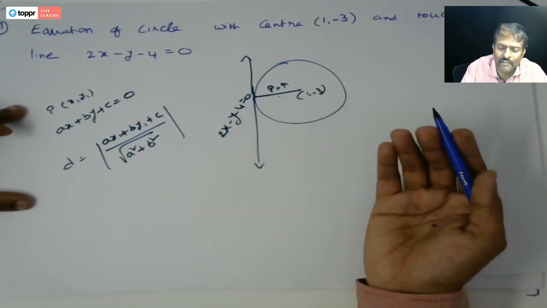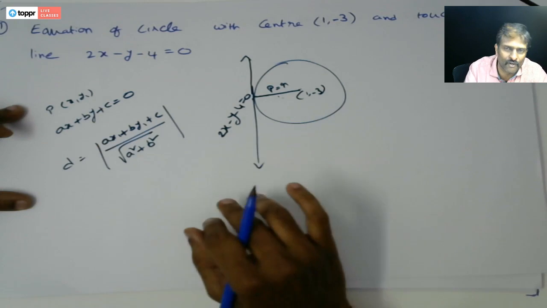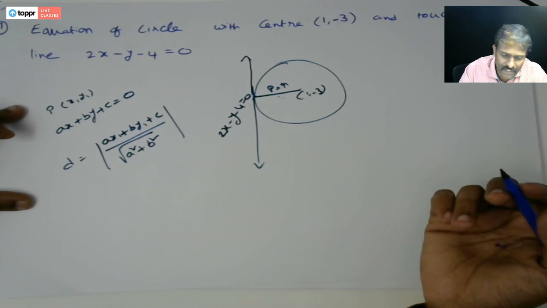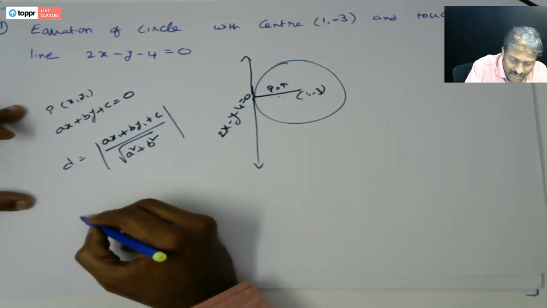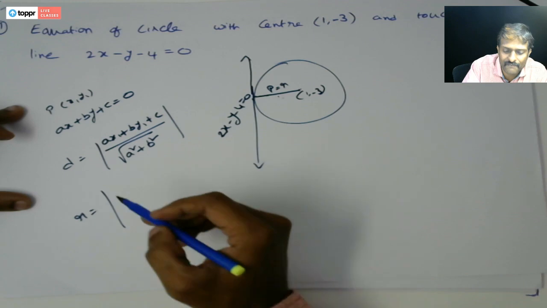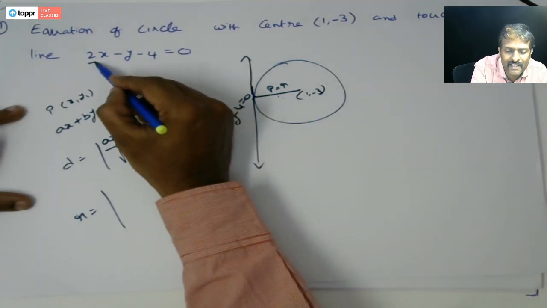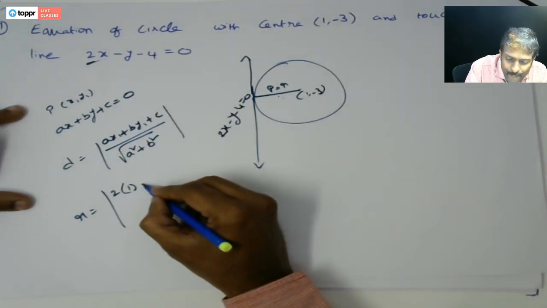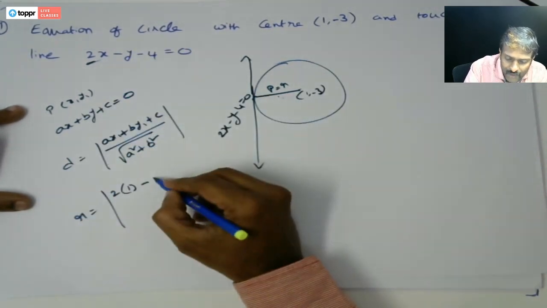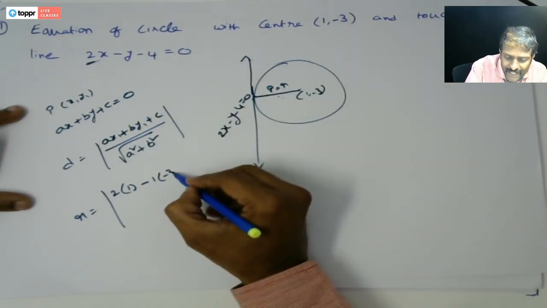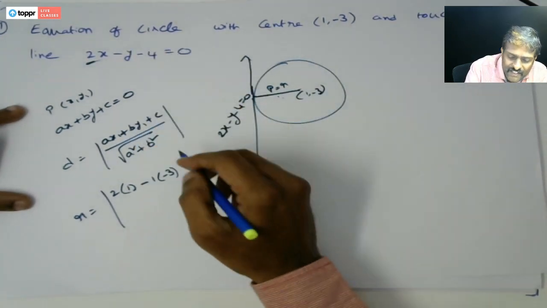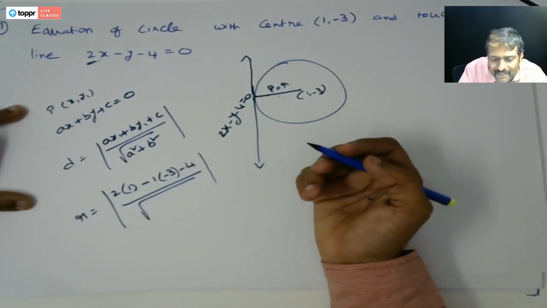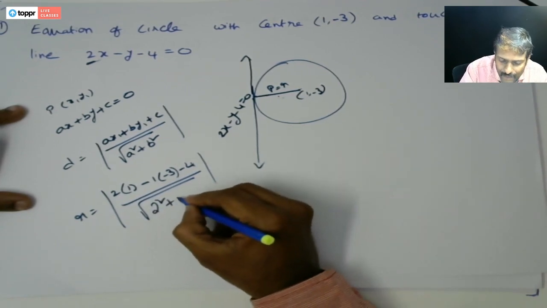If I know the radius of the circle, then it is very easy. Then you can write the equation of the circle in the standard form, x minus h whole square plus y minus k whole square is equal to r square. So now let us find the distance, which is our radius here. The radius will be equal to modulus of 2 times 1, minus 1 times minus 3, plus minus 4, by root of 2 square plus 1 square.